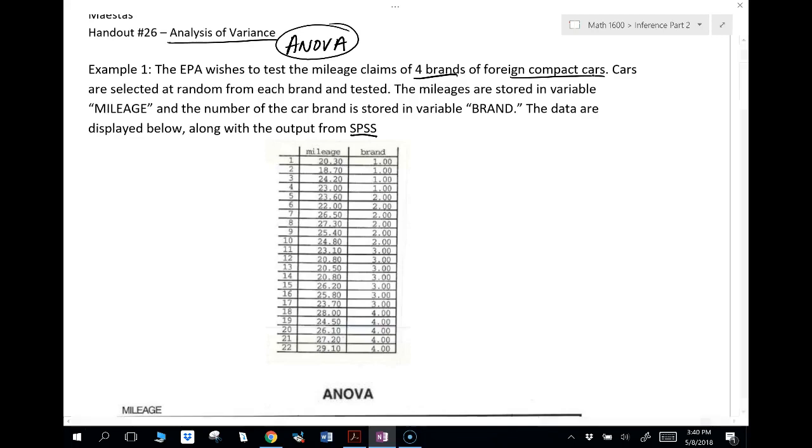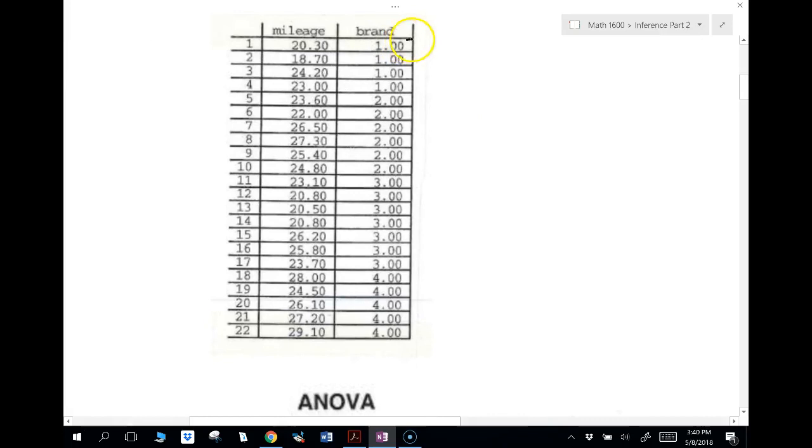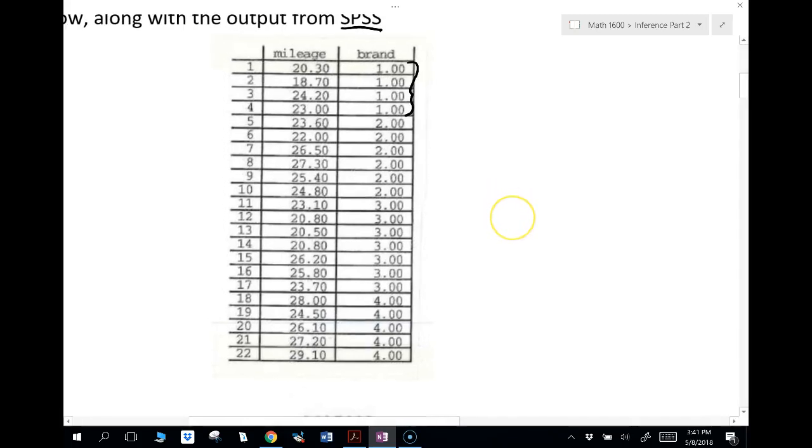Okay. The mileages are stored in the variable mileage, and the number of car brand is stored in the variable brand. So if you look here on this output, you see how it says brand 1? Those are not data. I mean, they kind of are, but they're more of a category label. So those aren't quantitative data.